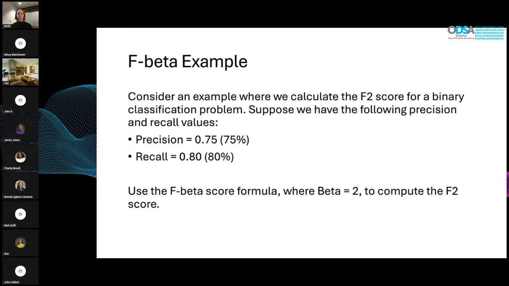Here's our example. Let's try it out. Consider an example where we calculate an F2 score for a binary classification problem. Here's our precision and recall. Use the F beta score formula, where beta equals 2, to compute the F2 score.